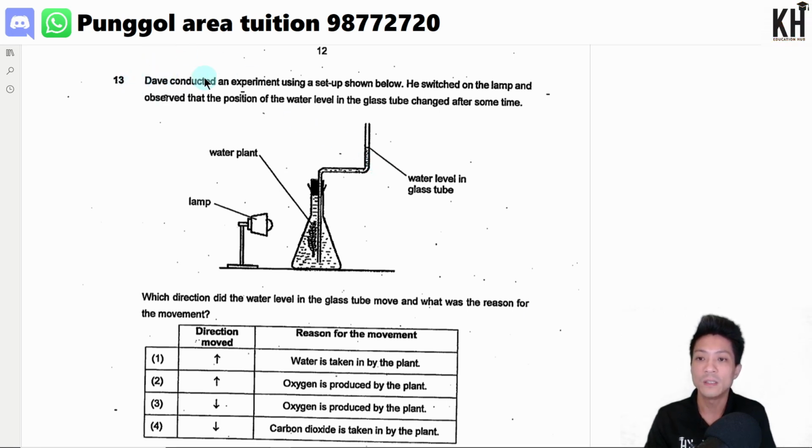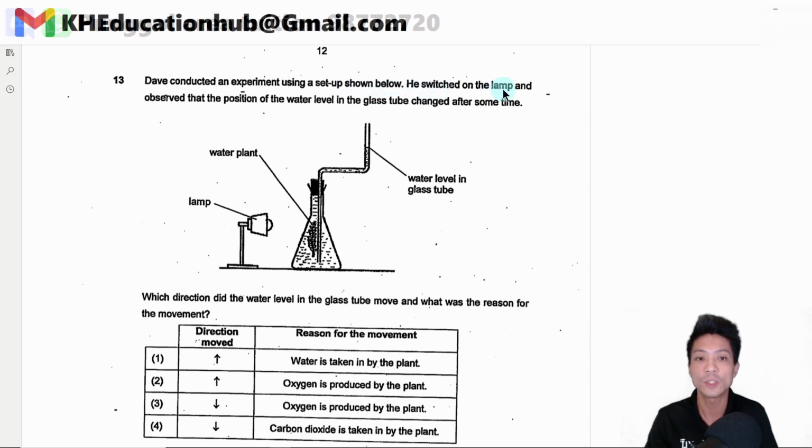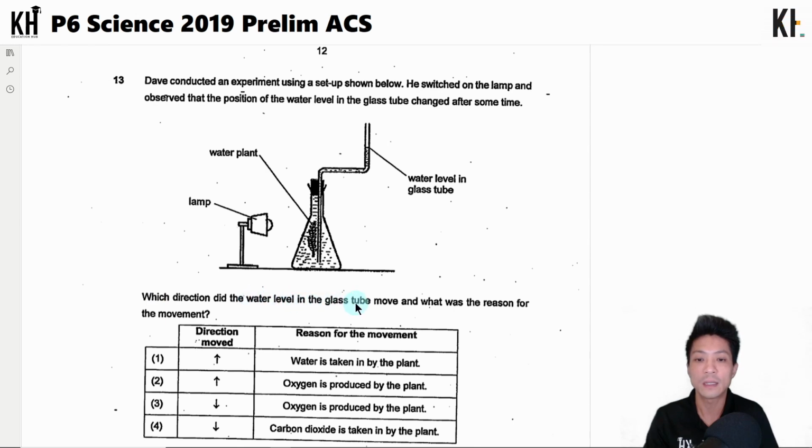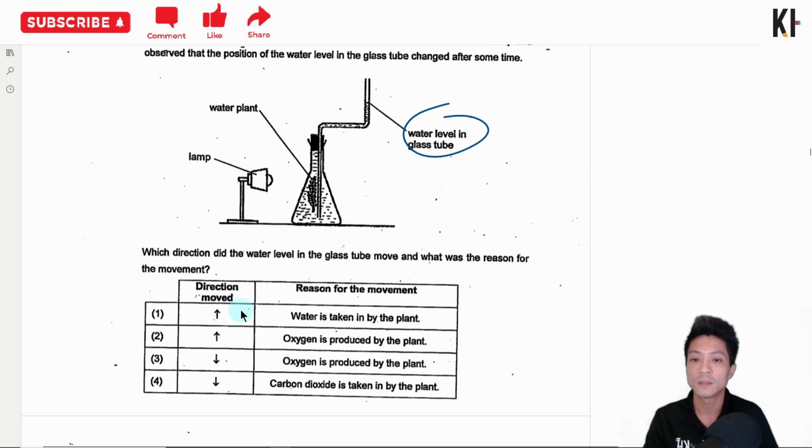Question 13. Dave conducted an experiment using a setup shown below. He switched on the lamp and observed that the position of the water level in the glass tube changed after some time. Which direction did the water level in the glass tube move, and what was the reason for the movement? In this case, the water plant will carry out photosynthesis, right?